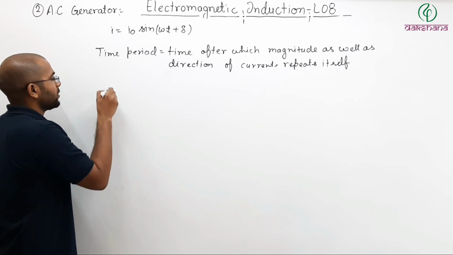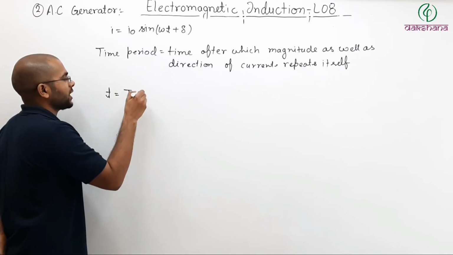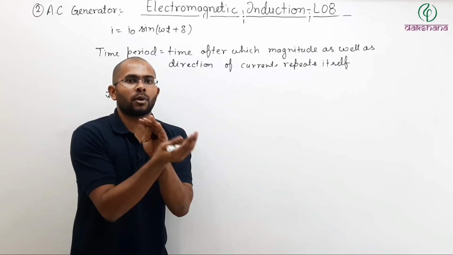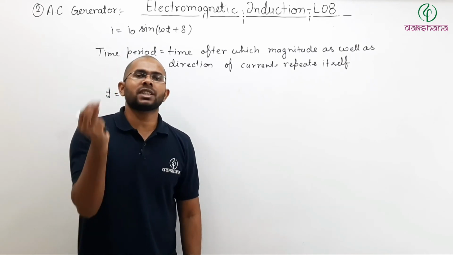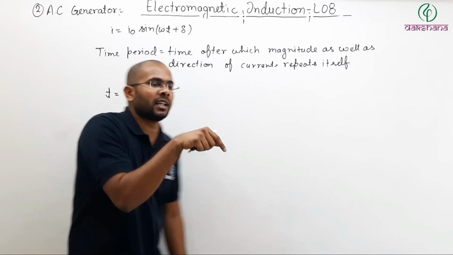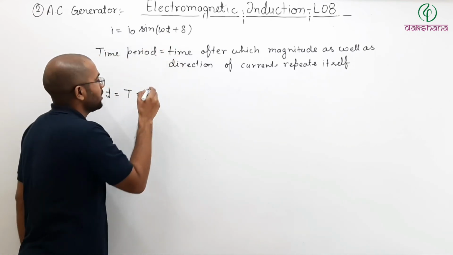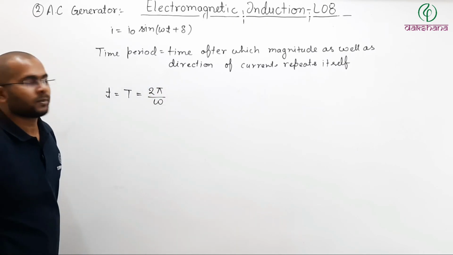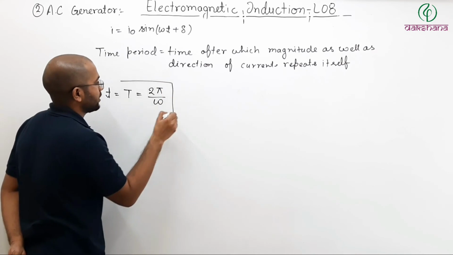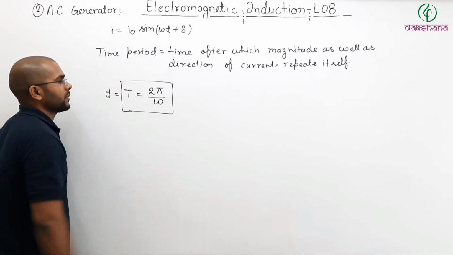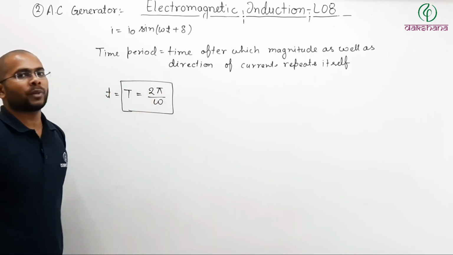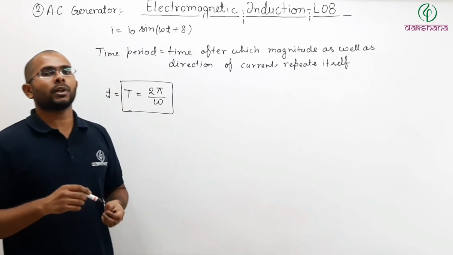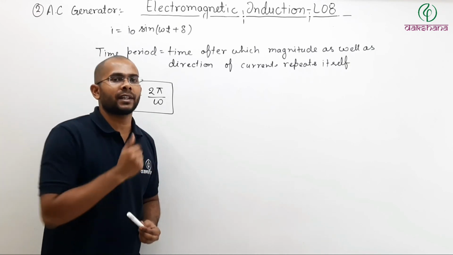So T, capital T, will be equal to how much angle it has to rotate in order to repeat itself? 2 pi. And how much time will it take to rotate 2 pi angle? Omega is the angular speed, so time taken to rotate 2 pi angle will be 2 pi by omega. So time period of your alternating current may be written as 2 pi by omega, where omega is the angular speed with which your armature coil is rotating.